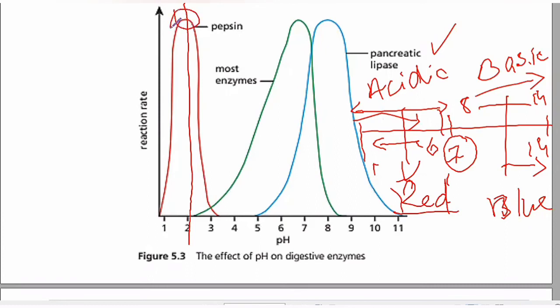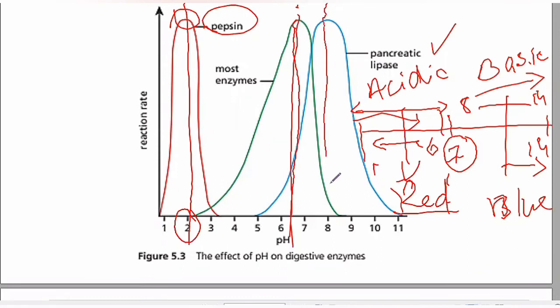The maximum peak is showing the optimum pH for that particular enzyme. Here is pepsin. Pepsin is an enzyme and its optimum pH is 2. For this green enzyme, its optimum pH comes to be almost 6.8. And for this blue enzyme, its optimum pH comes to be 8 or above 8. You can use the scale to find out the exact pH.